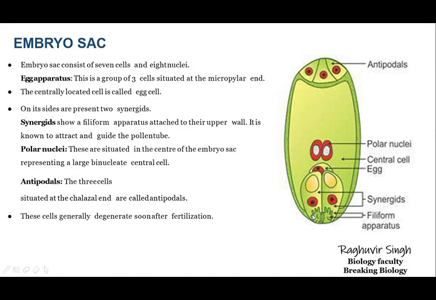The synergids contain finger-like projections called the filiform apparatus, whose function is to guide the pollen tube towards the egg. The antipodal cells remain toward the chalaza, and the polar nuclei get covered by a single cell to form the central cell. So this is the structure of a basic embryo sac.